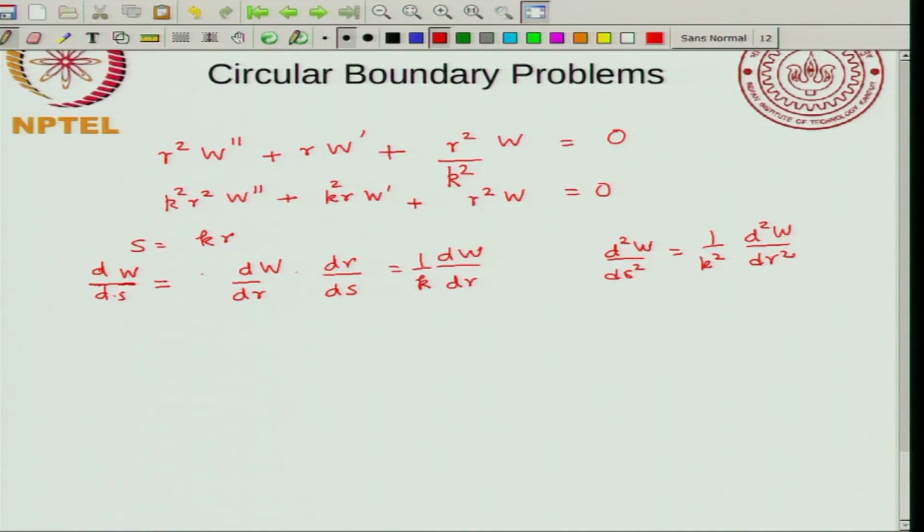And you can see where we are going. So, when you rearrange everything, you will get an equation that looks like s square d square w by ds square.